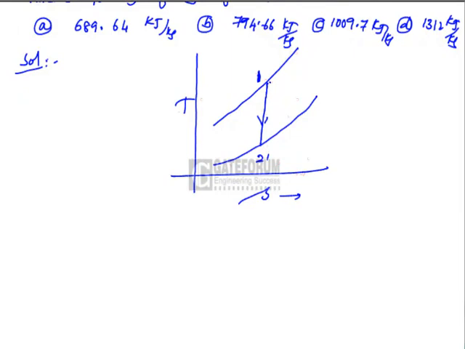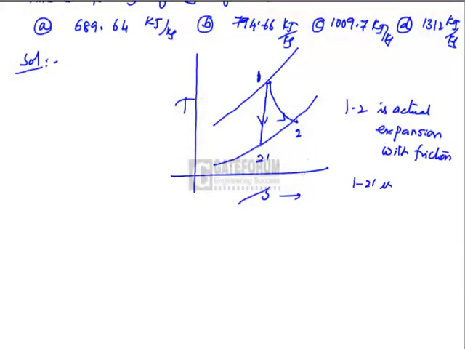The actual expansion is 1 to 2, adiabatic only, but with friction. 1 to 2 dash is isentropic expansion.